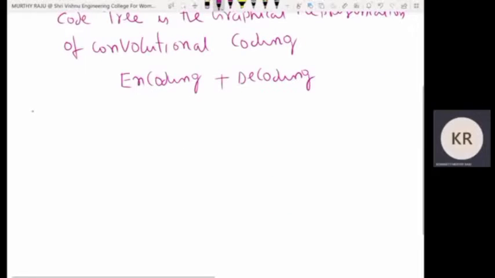Example. With the help of one example, I am going to explain the concept of code tree related to convolutional coding.